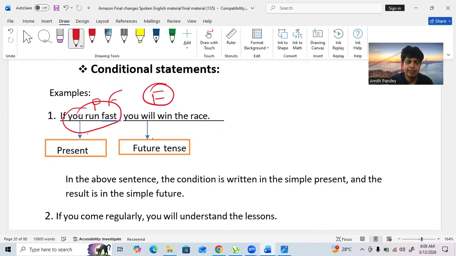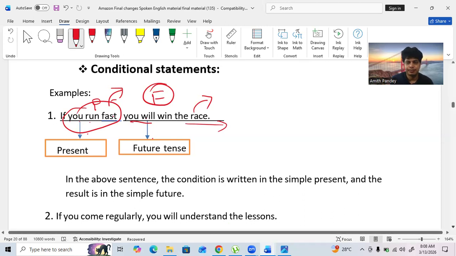Whenever you want to tell about any condition, you just have to use this. Like if you run fast, if you do this, you will get the result. So with if, you always have to use simple present, that is subject plus V1 plus object. Then the next one is going to be in future. Moreover, if you are going to write for any MNCs, even over there you will find the same thing, I mean the question patterns, everything.